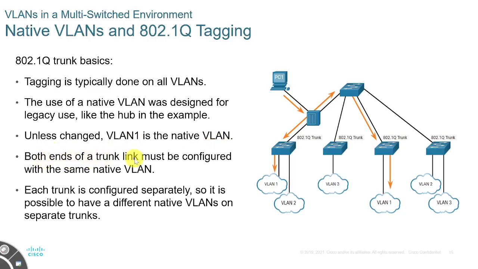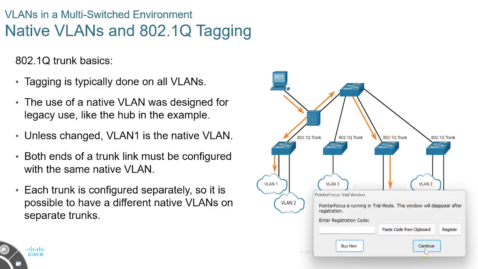Both ends of a trunk link must be configured with the same native VLAN. This is very important. For example, this is a trunk link. This port should be configured with the same native VLAN as the one here.